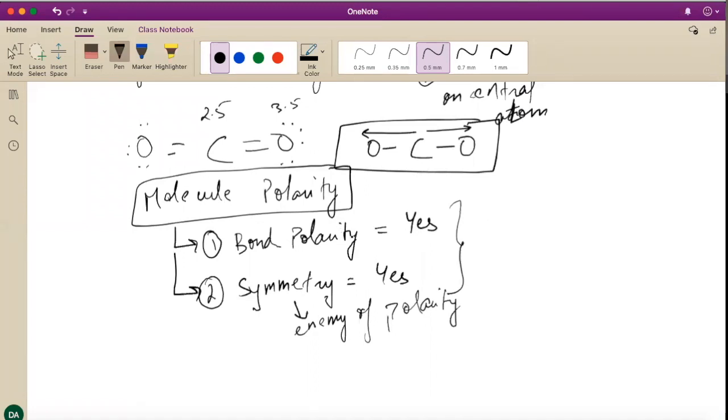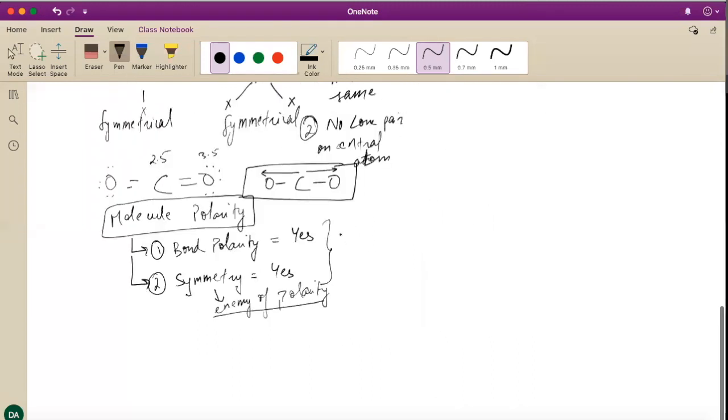If the bond is polar and there is symmetry in the molecule, that symmetry will cancel that polarity. Remember that symmetry goes against the polarity. So the molecule is not polar in this case. This tells us that the molecule is going to be nonpolar.